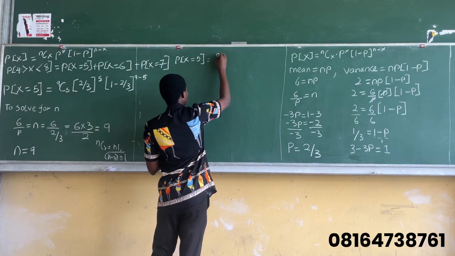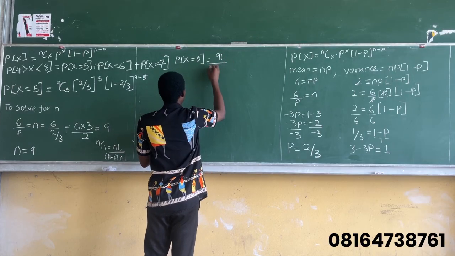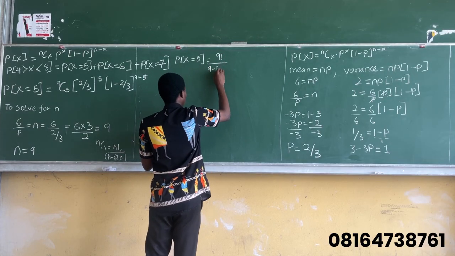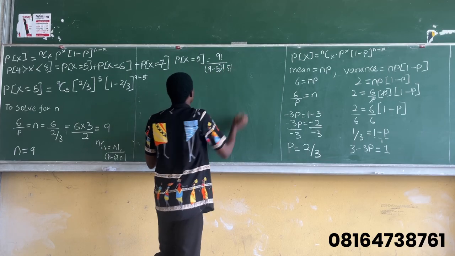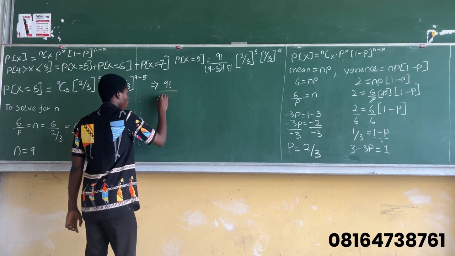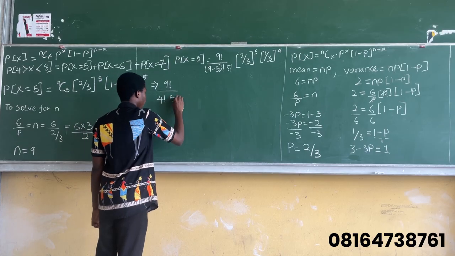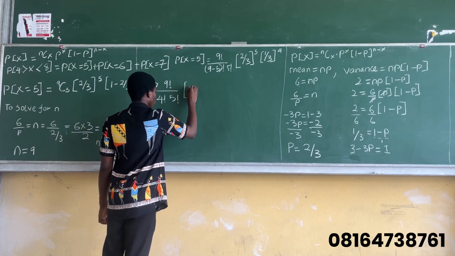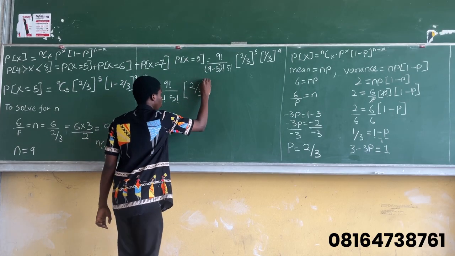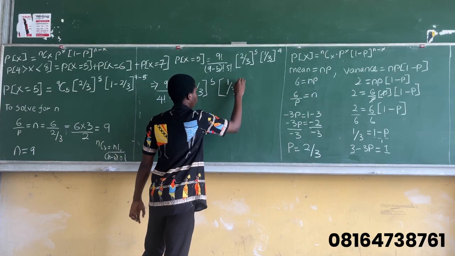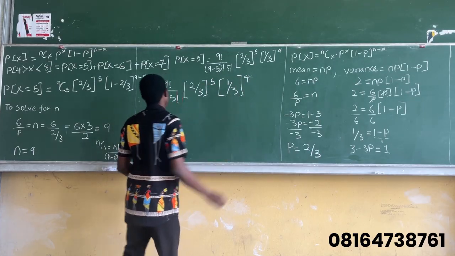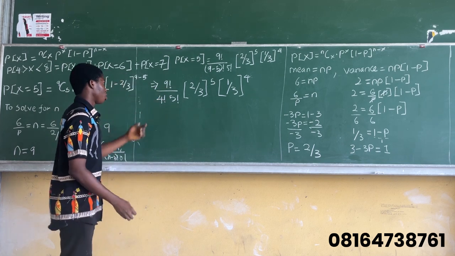So this is 9 factorial divided by (9 minus 5) factorial, 5 factorial, times 2 over 3 raised to power 5, times 1 over 3 raised to power 4. So now let's simplify this in order to get an answer.